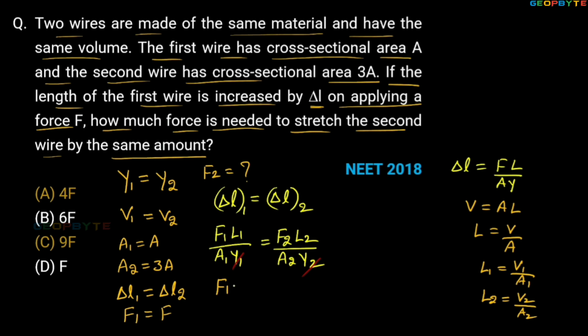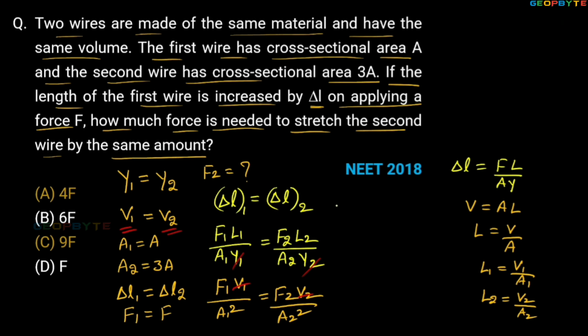So F1 L1 equals, V1 by A1, already A1 is there, A1 square, equals F2 V2 by A2 square. But here it is clearly given that V1 equals V2. This V1 V2 cancelled.